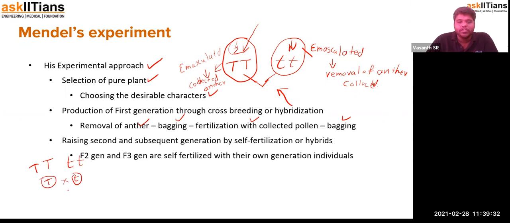When they are crossed, we get a capital T small t plant. The second generation will be formed from the hybridization of these plants, so we will get two types of gametes from each plant. Then when you get it, it will be something like this.